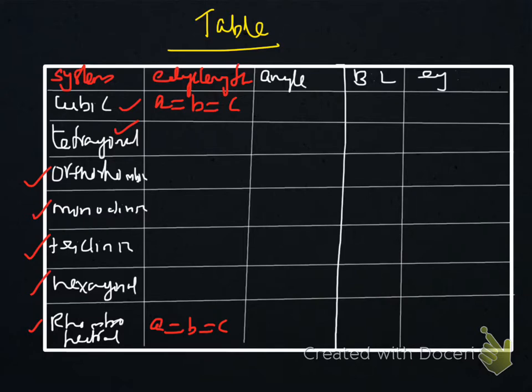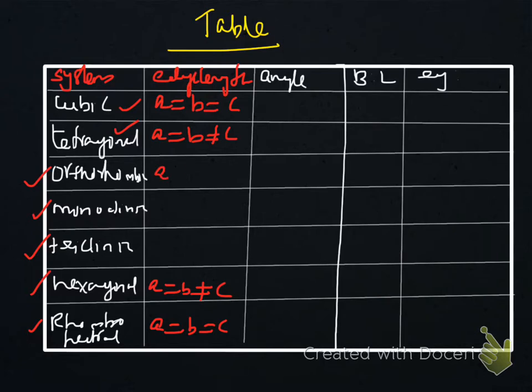For the second system, A equal to B but not equal to C. That is true for the second last system also, A equal to B not equal to C. Now we have 3 systems: orthorhombic, monoclinic and triclinic.